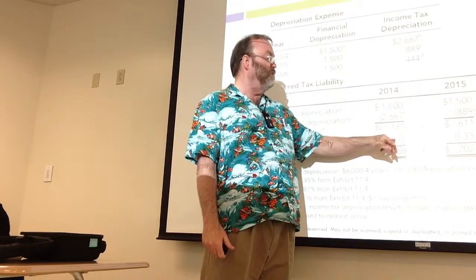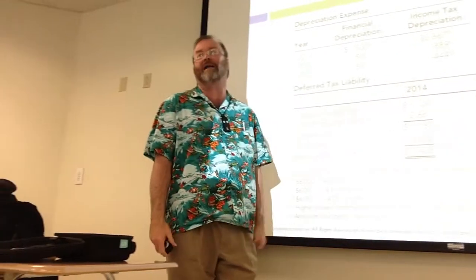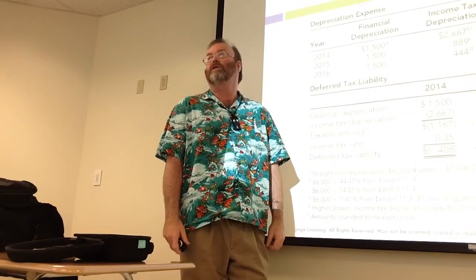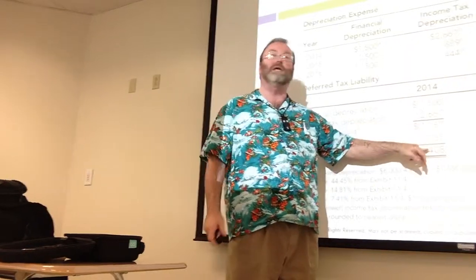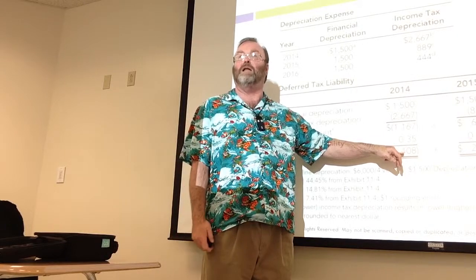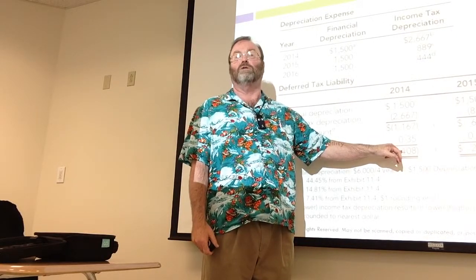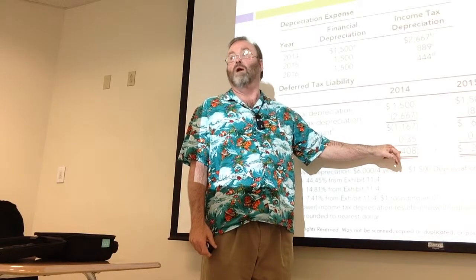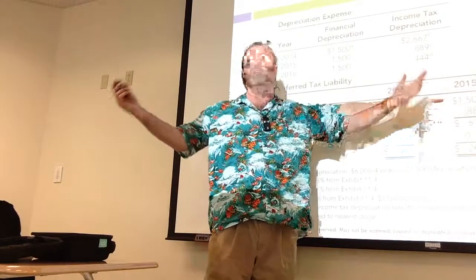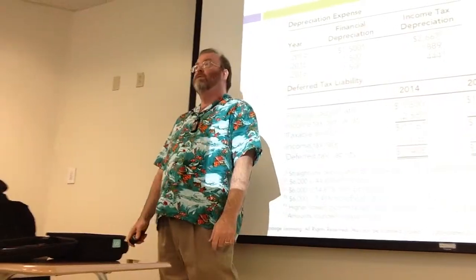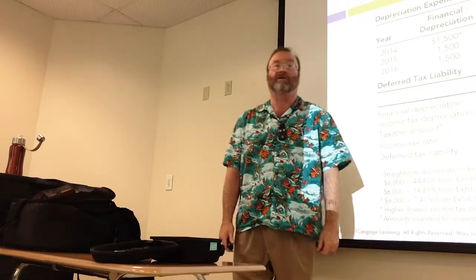Now we're going to go from 35% down to 30% and then back to 33% and back to 30%. Well, in that case, we're always going to calculate the deferred tax liability using the current marginal tax rate in that year, whatever is applicable. So what happens at the end? Now it doesn't go to zero. It's got a balance left over of $111.